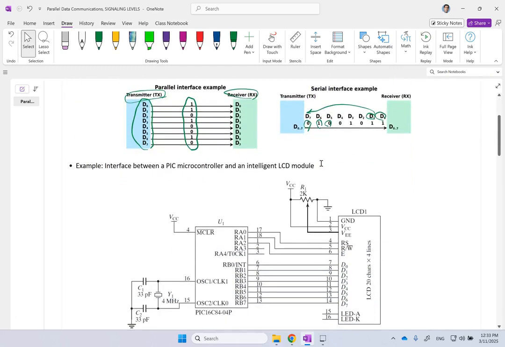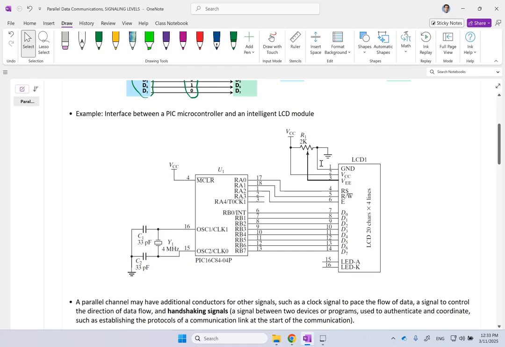One example of that is if you want to communicate between a PIC microcontroller and one LCD module, which is one of my future videos, but of course I do it with Arduino. This is one place where you communicate with parallel communication as opposed to serial communication.